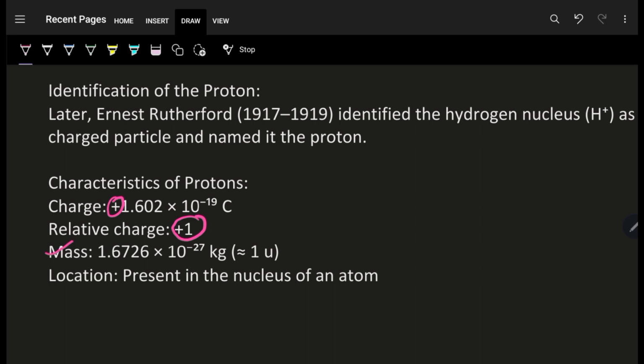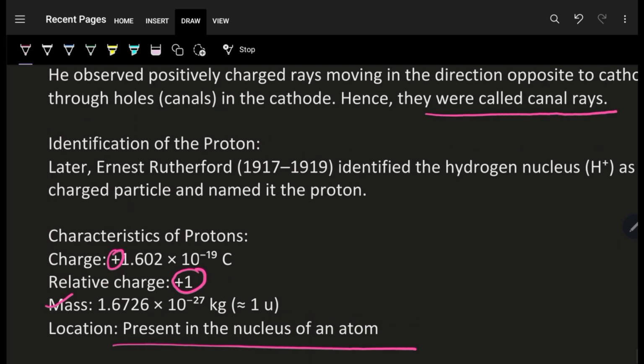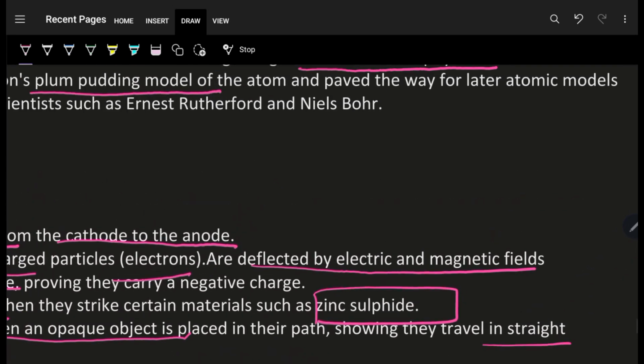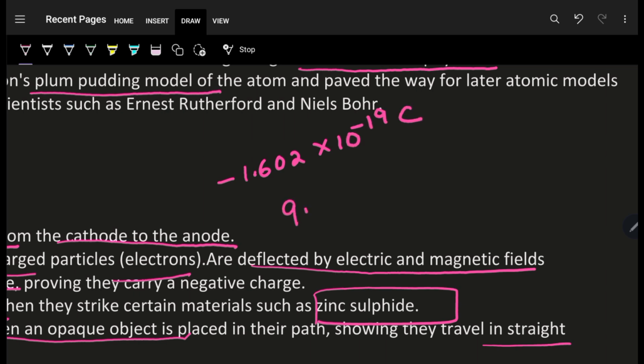Mass of the proton is 1.6726 into 10 to the power of minus 27 kg, and obviously it is present inside the nucleus of an atom, whereas charge of an electron is how much? Minus 1.602 into 10 to the power of minus 19 coulomb, and mass of an electron is 9.1 into 10 to the power of minus 31 kg. This is the mass of an electron.